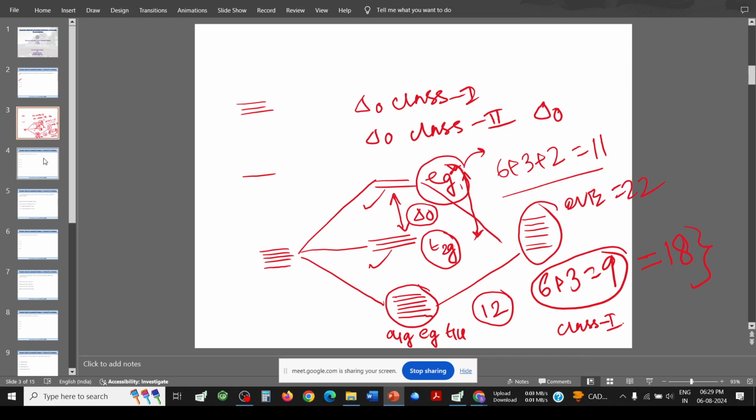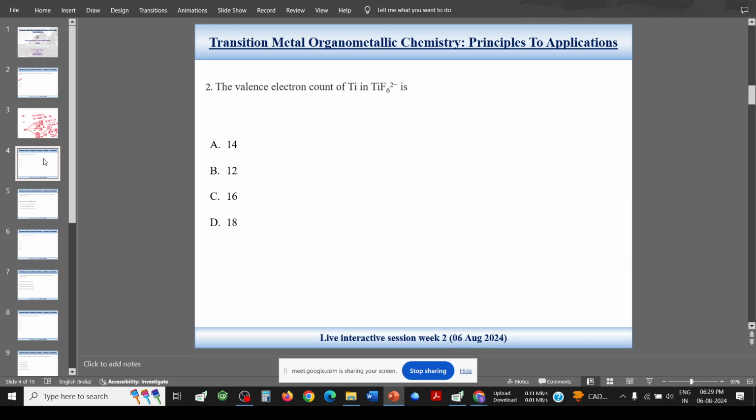Okay, now this is a very easy question which I also discussed in more detail in the last session. The valence electron count of titanium in TiF6 2 minus. First tell me what is the correct answer. So titanium is a 3d metal, right?